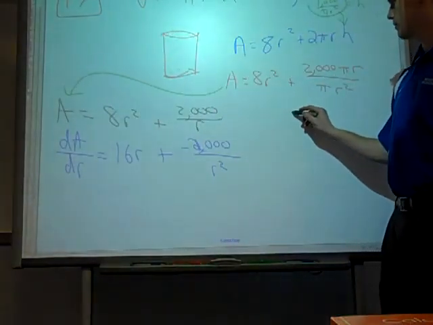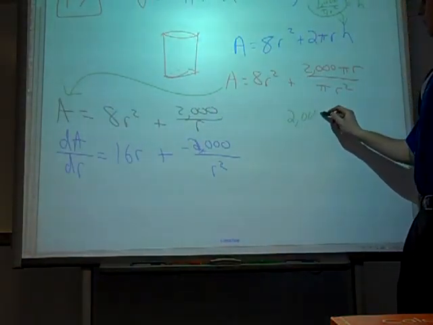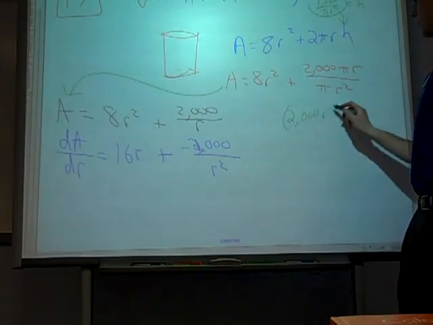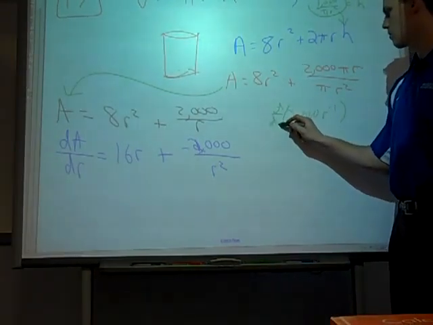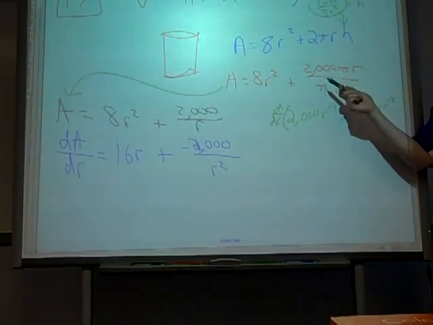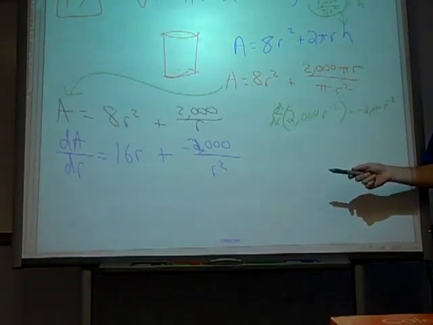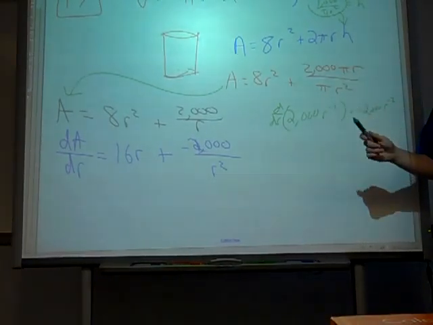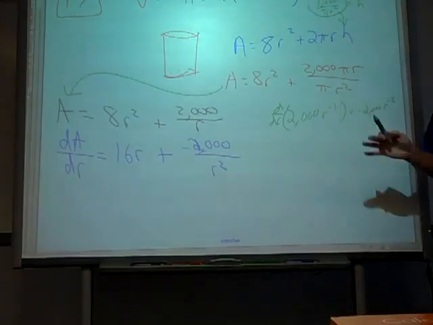You're taking the derivative. Negative 2,000 or the -2. When you do the antiderivative, you divide by the new power. So since we were just doing antiderivative problems, we get mixed up. So you just got to keep them straight.